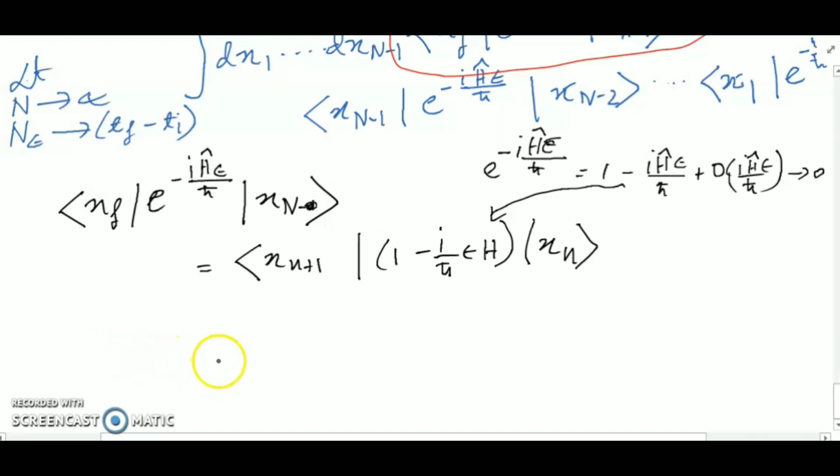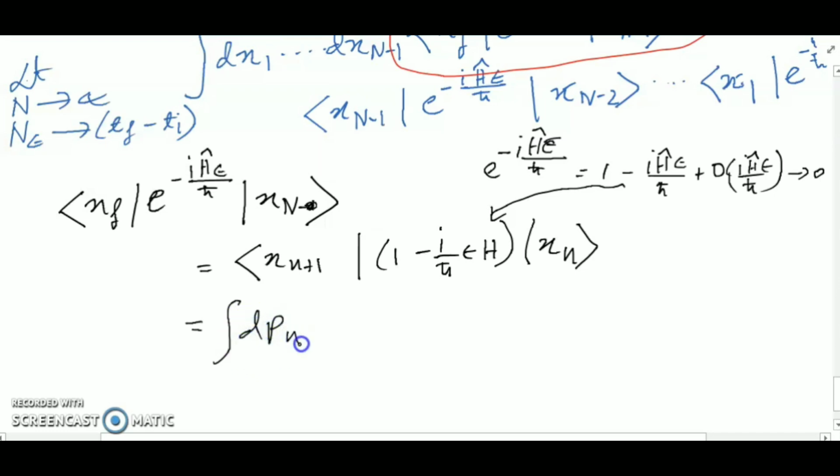This equation can be written as integral dp n, using momentum. Okay, inside a momentum space identity operator, I can use.